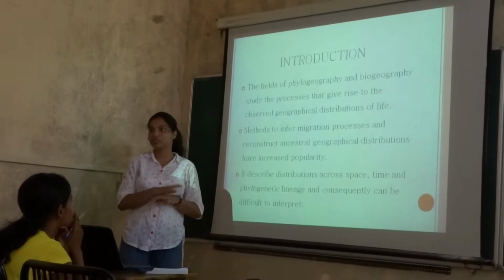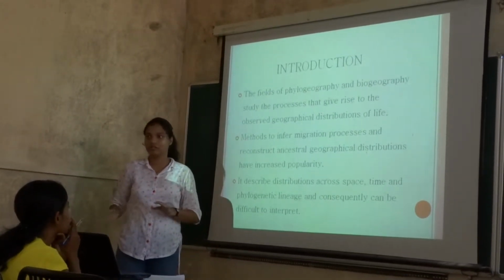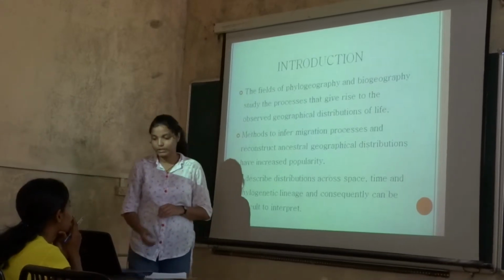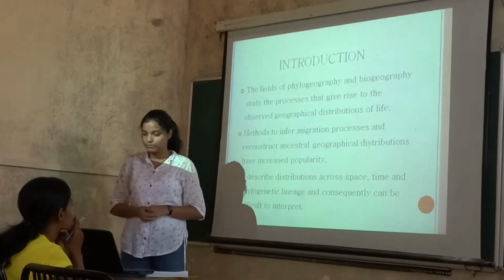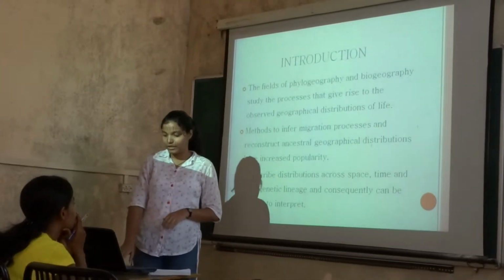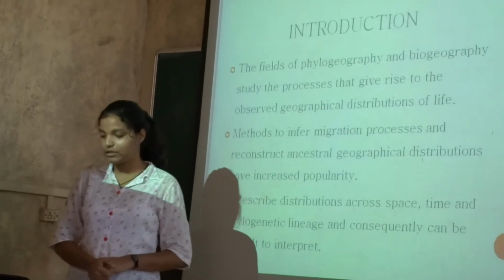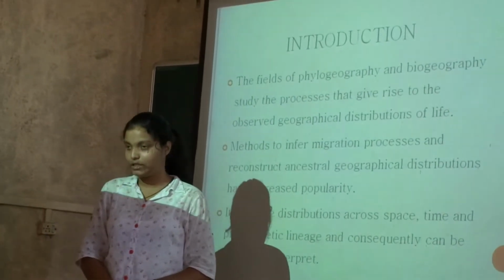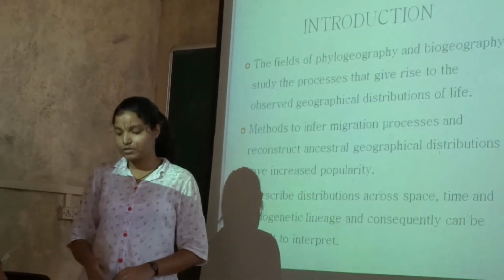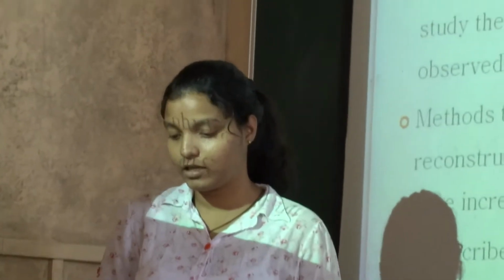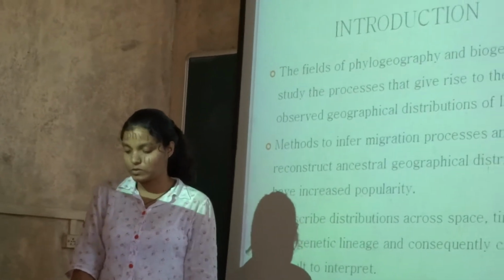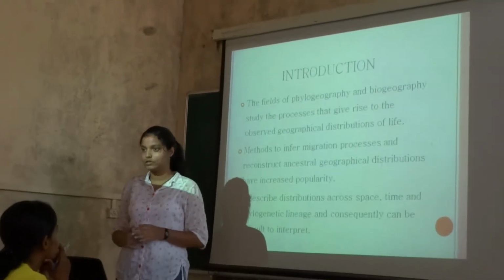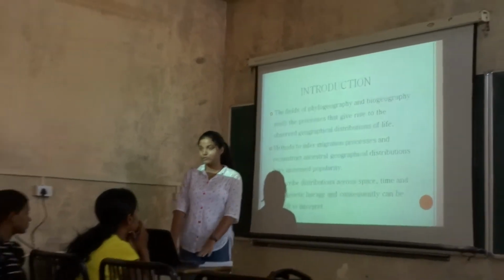Methods to infer migration processes and reconstruct ancestral geographical distributions have increased in popularity. These describe distribution across space, time, and phylogenetic lineage, and consequently can be difficult to interpret, because this is also based on the descendants of the ancestors. That's the reason it is a bit difficult.